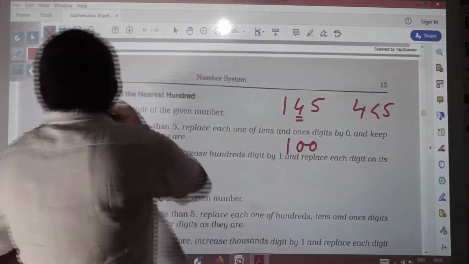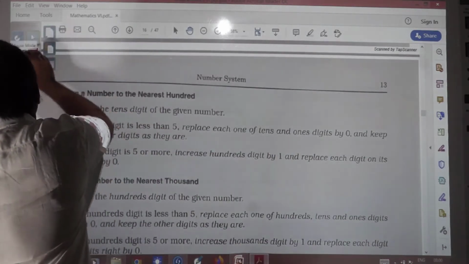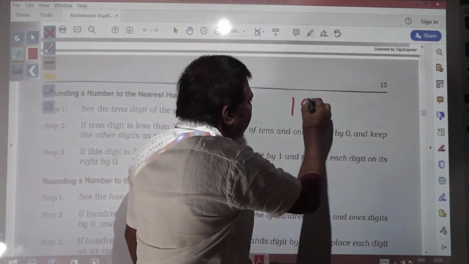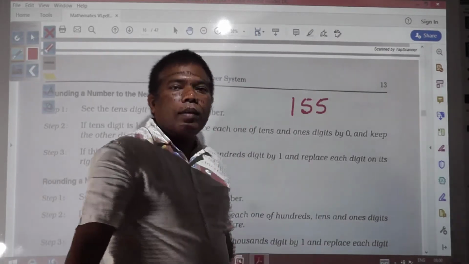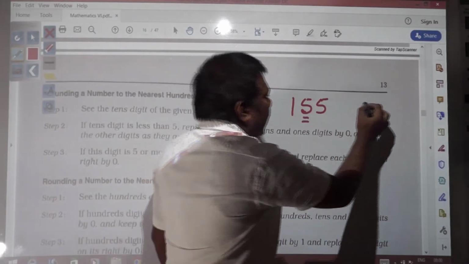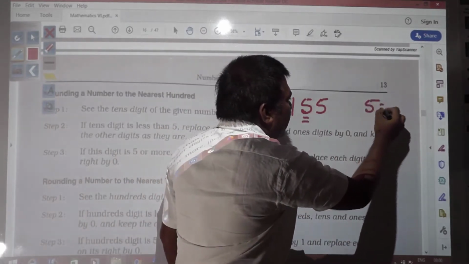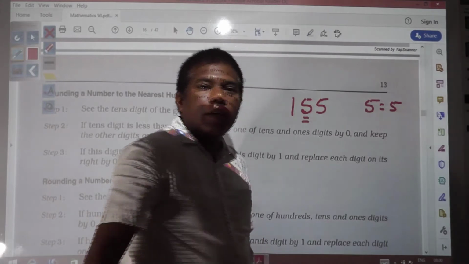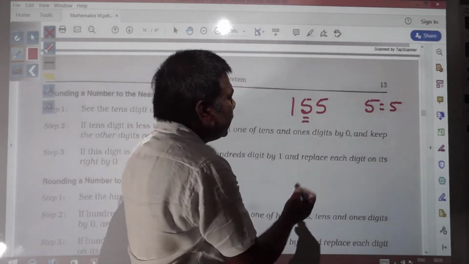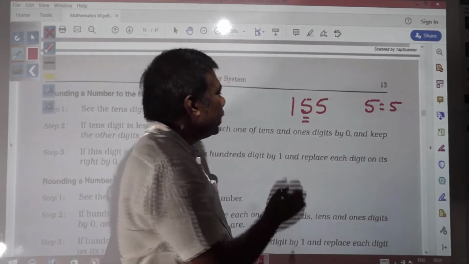Now take another example. Suppose you have 155. In this case, what will we do? Here the tens digit is 5, equal to 5. So the tens and ones digits are required to be replaced by 0.